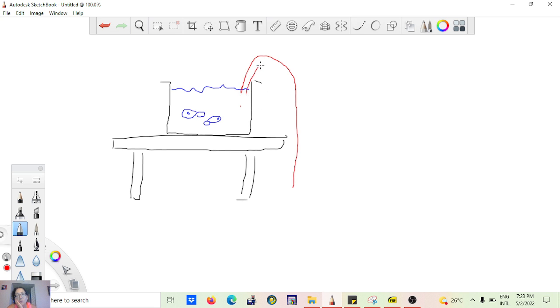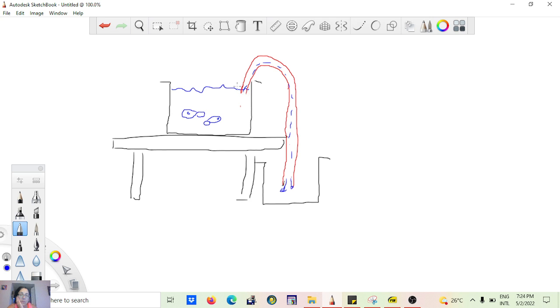So the level of water here has to be higher than your container. And then you have a bucket here. And first of all, you have to remove the air from here. You suck the water out exactly like a straw, and then the water is going to start to flow.